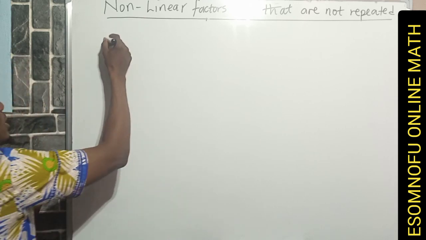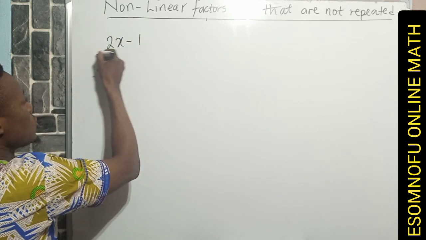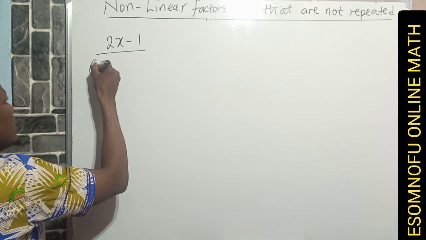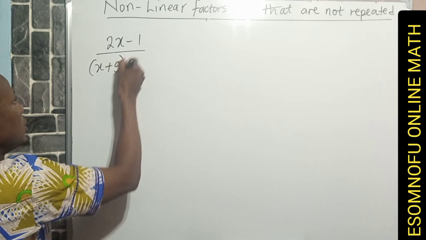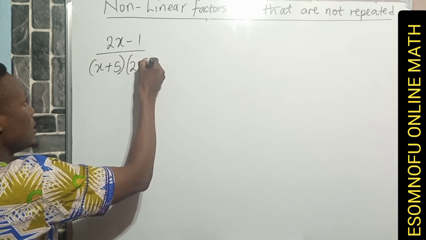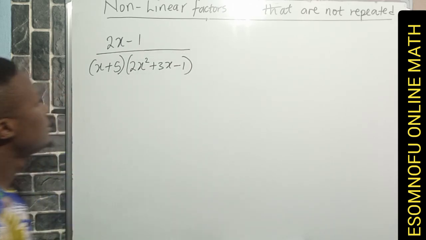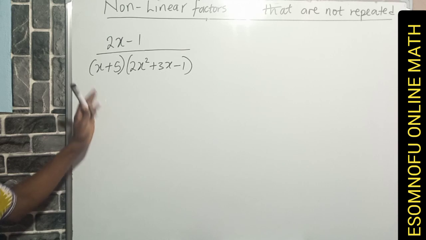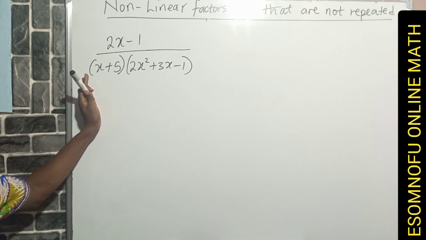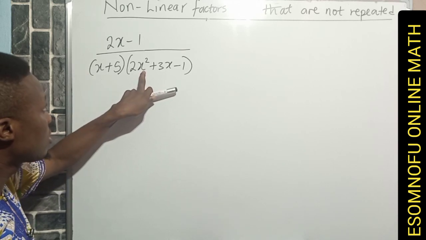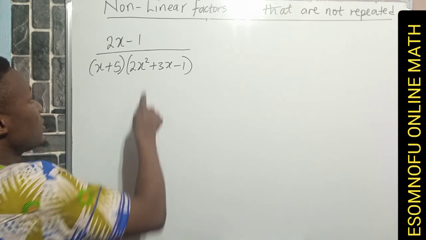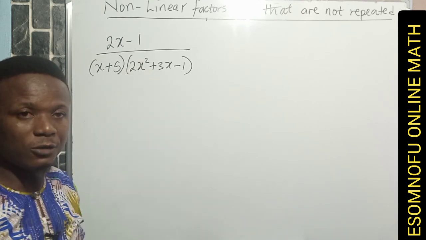Supposing you have something like (2x minus 1) all over (x plus 5) into (2x squared plus 3x minus 1). If you want to split an expression like this into partial fractions, you can see that one expression here is quadratic, having a power of 2.